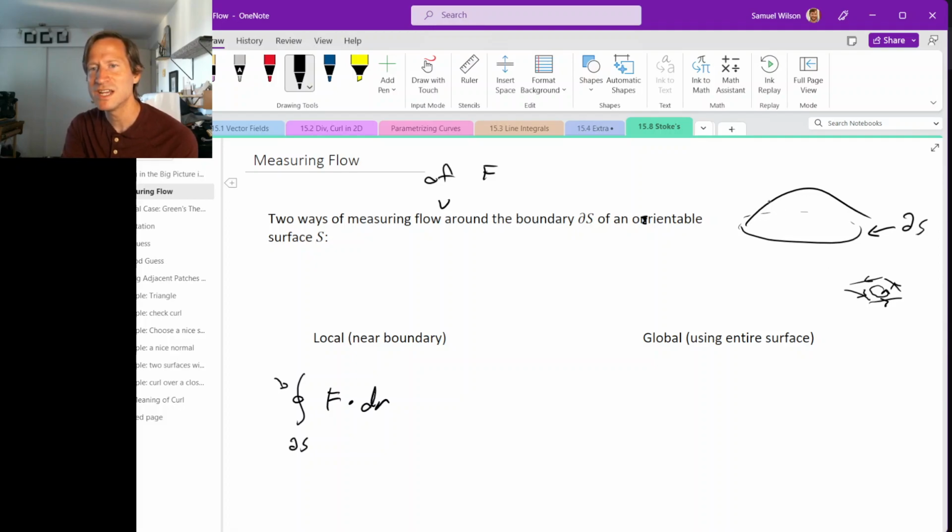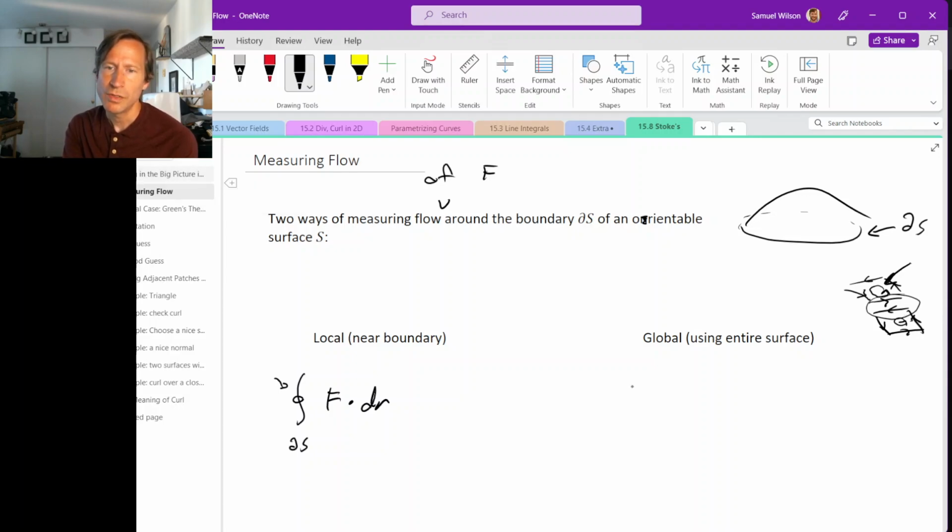So if we could integrate what the circulation is doing at each little patch on this whole surface, that might be another way to measure the flow around the boundary, because, you know, patches on the interior of the surface have neighbors also with their own little circulation, and on adjacent boundaries, of course, these are the same boundary traversed in opposite directions, and so the circulations should cancel, right?